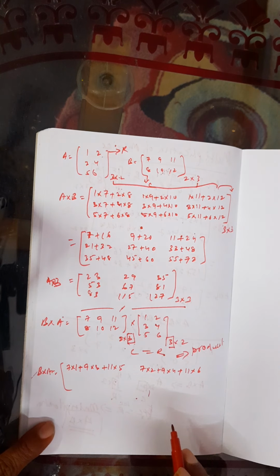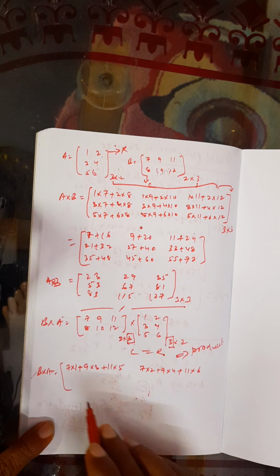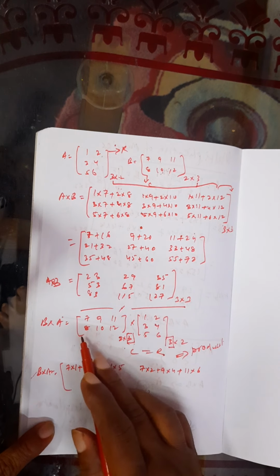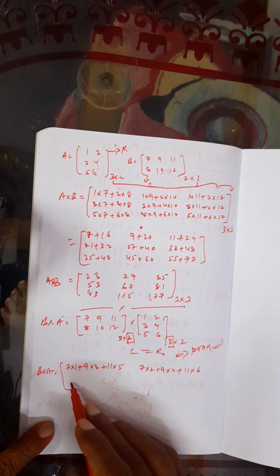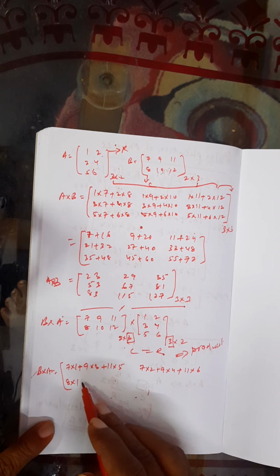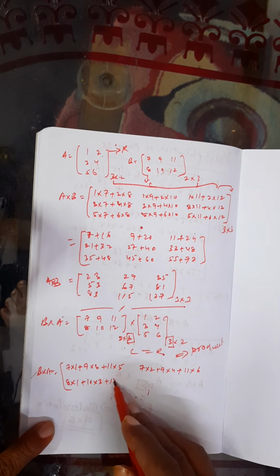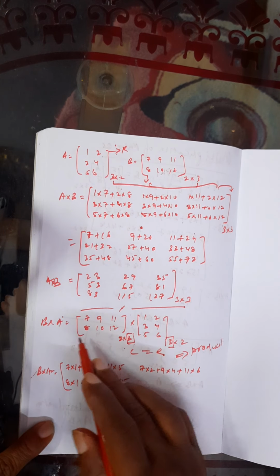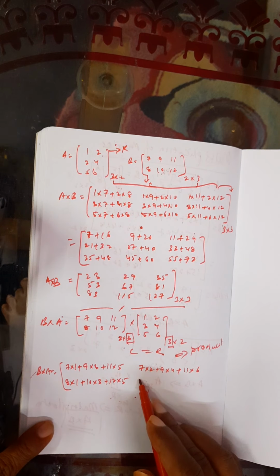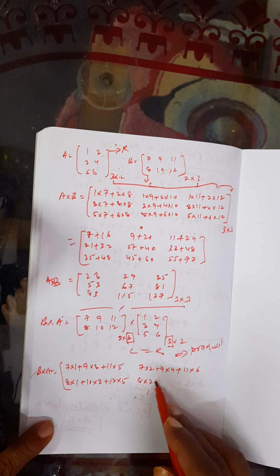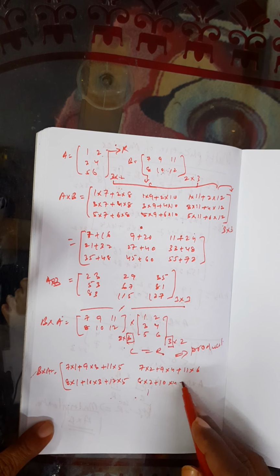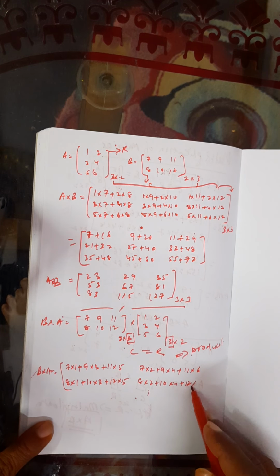No extra columns are there, only 2 columns, so that covers the first row. Now pick the second row with the first column: 8 into 1 plus 10 into 3 plus 12 into 5. Now go to the next one: 8 into 2 plus 10 into 4 plus 12 into 6.